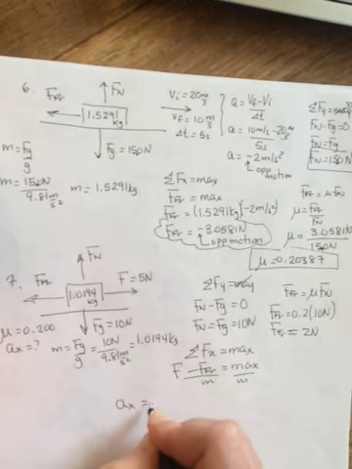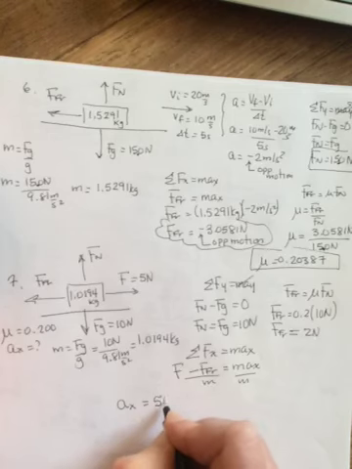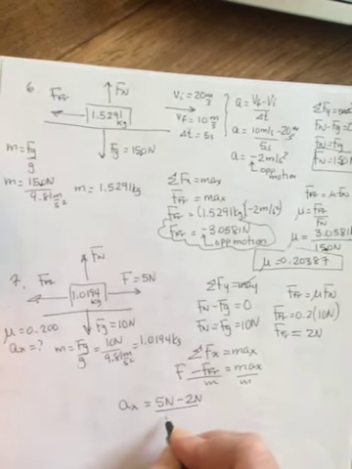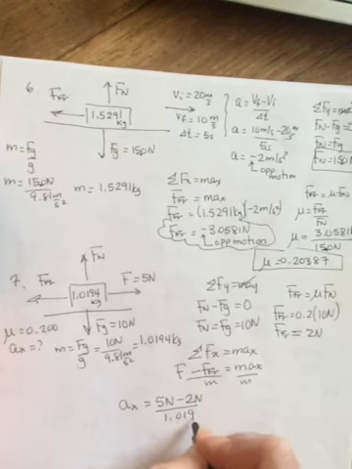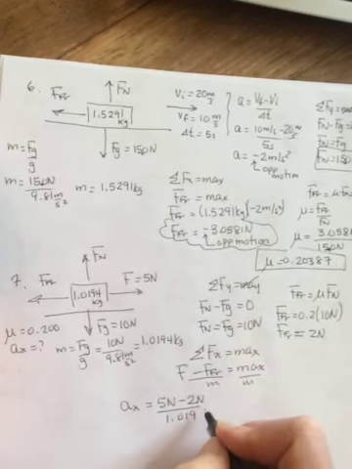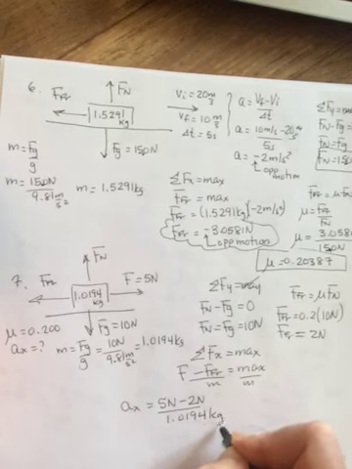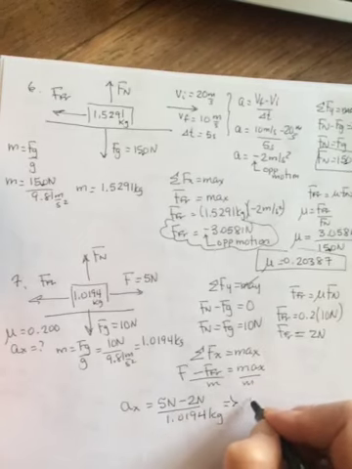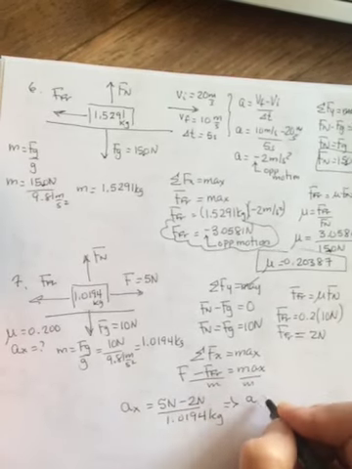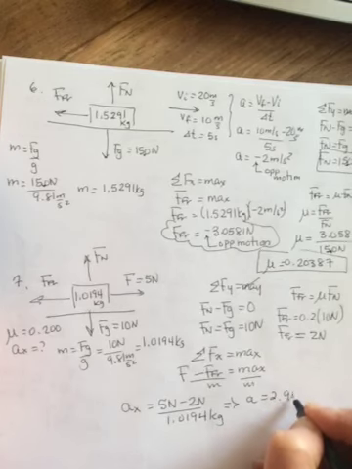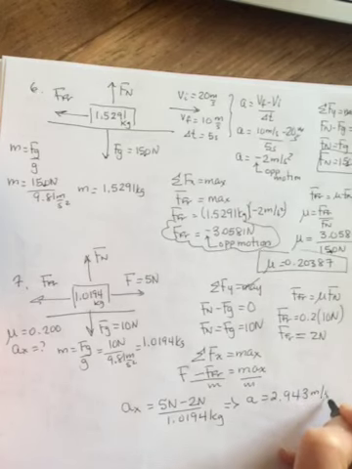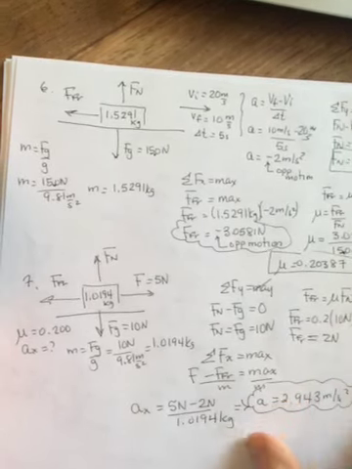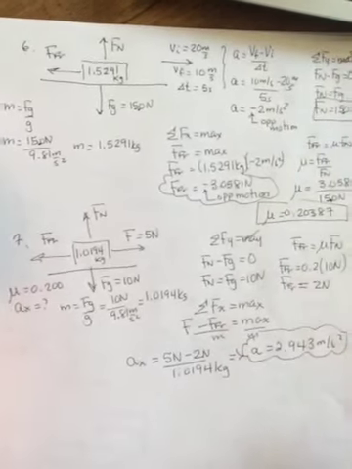So ax is equal to the force you were pushing with, 5 newtons, minus friction, which you just found, 2 newtons, divided by this 1.0194 kilograms. On the top is 3, on the bottom is something slightly bigger than 1. So your acceleration should be 2.943 meters per second squared. Okay? So there are your 7 practice questions.